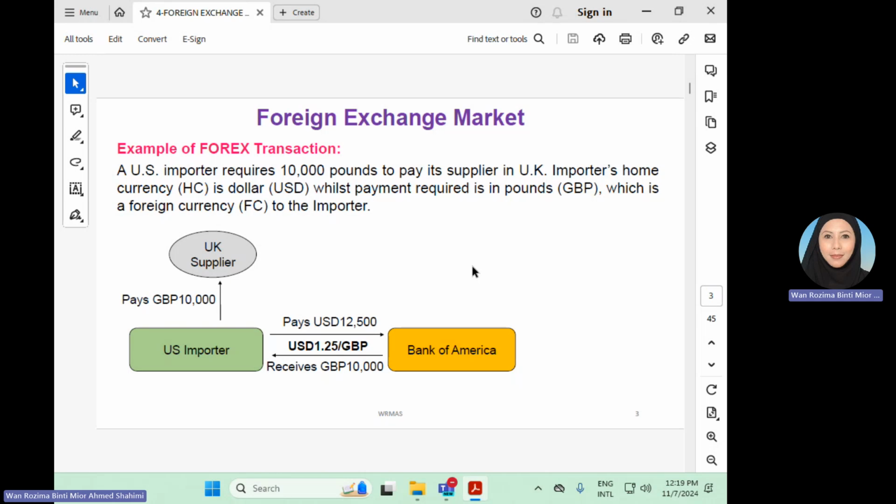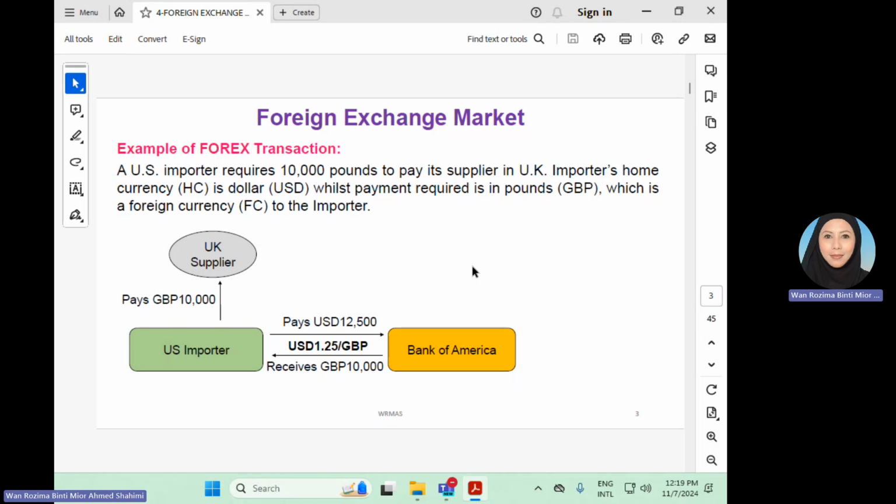The importer's home currency is dollar, while the payment required is in pound. So we need to exchange the amount of USD that is equivalent to 10,000 British pound, so that we are able to pay the British supplier.